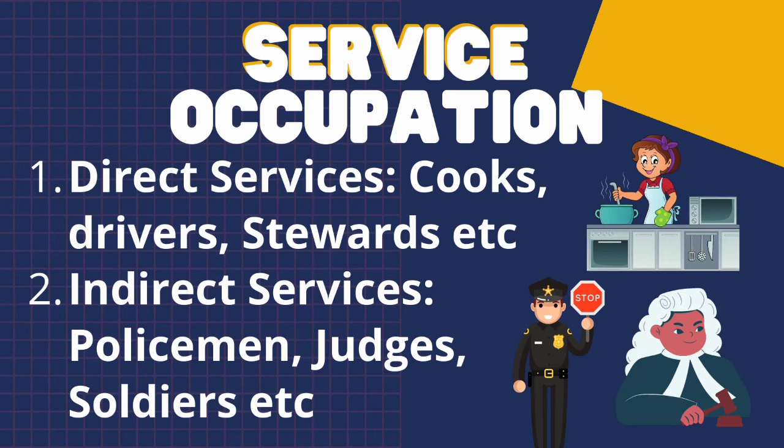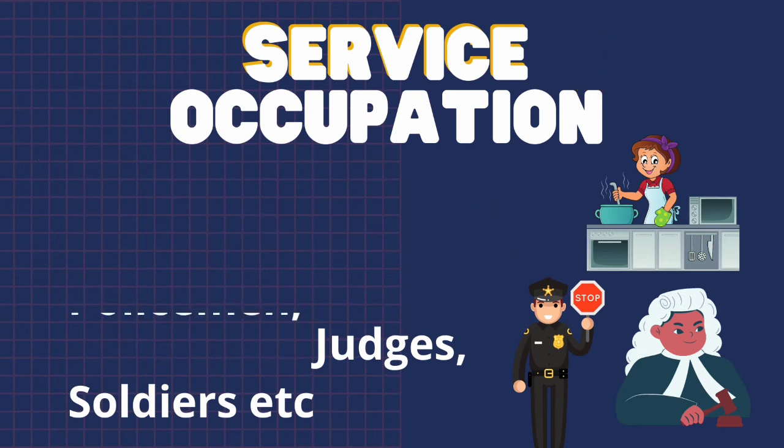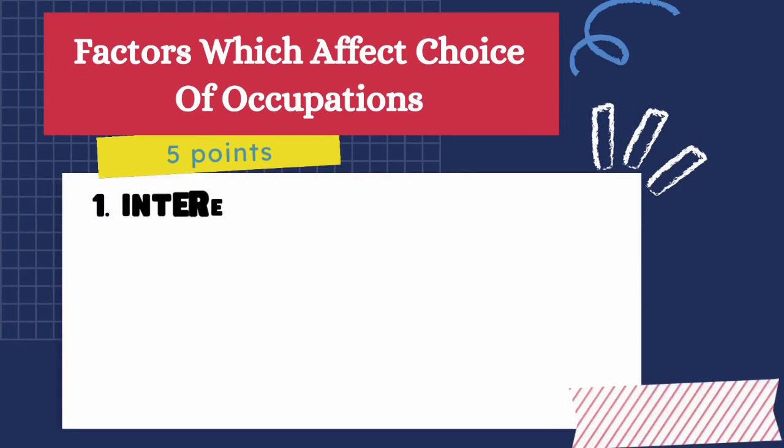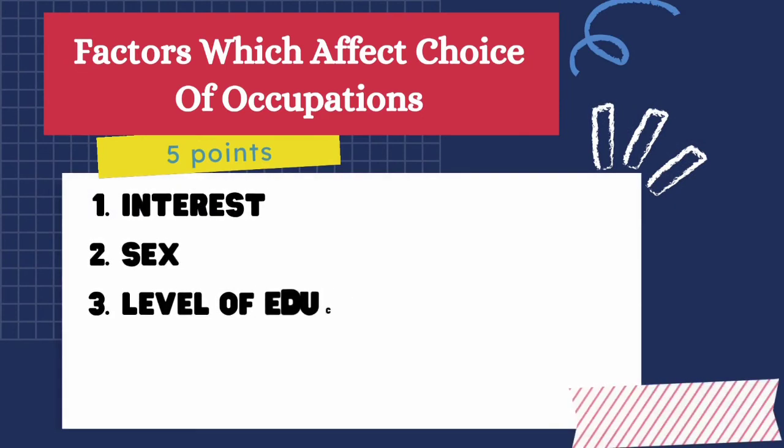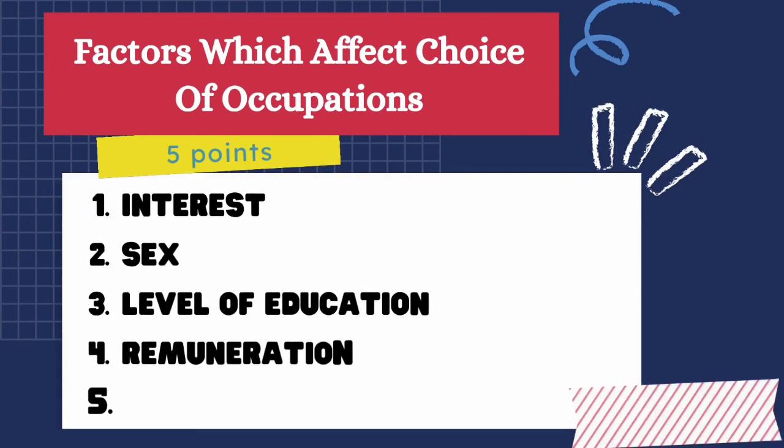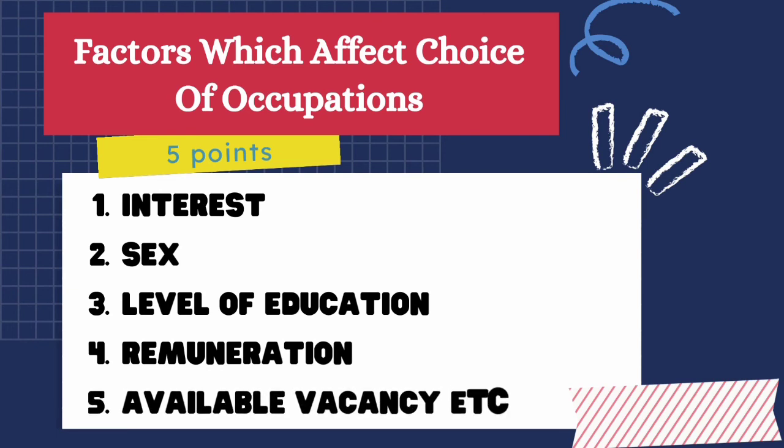Now, there are factors which affect the choice of an occupation. When, for example, you're done schooling and you want to get a job, there are some factors that can affect the type or kind of job you get. Number one, your interests. You can see vacancies around, but if you're not interested in it, you won't apply for such a job. Or you want to start a business and there are different ideas, but if you're not interested in them, you may not want to start such.